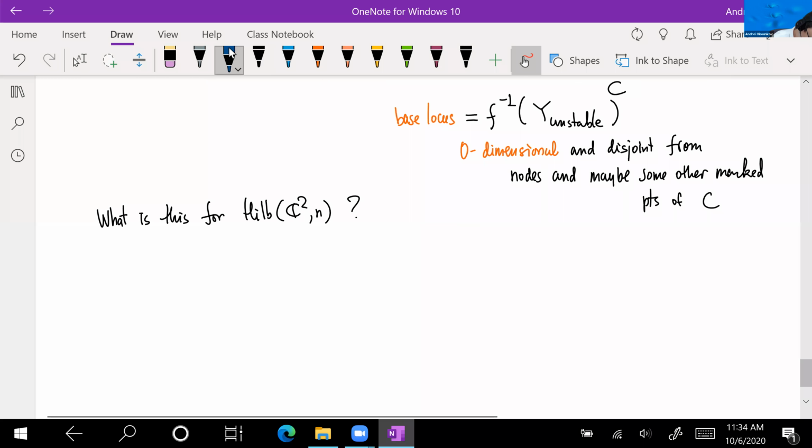I remind you how Hilb C2 n looks like. It has a vector space W, and then a vector space V, n-dimensional, and maps going both ways.